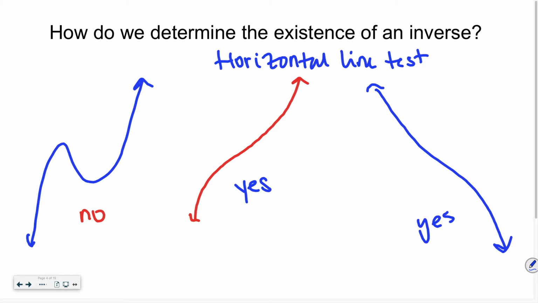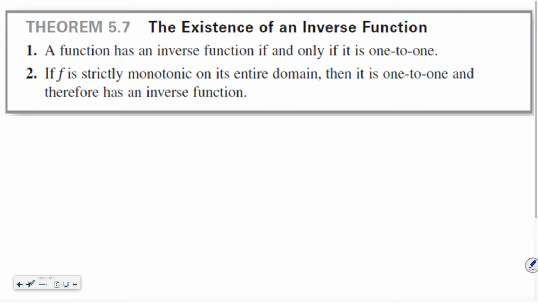Now, we also know that if a function is one-to-one, it is what we call monotonic. So I want you to write down this number 2. If a function is strictly monotonic on its entire domain, I'll tell you what that means, then it's one-to-one, and therefore there is an inverse.